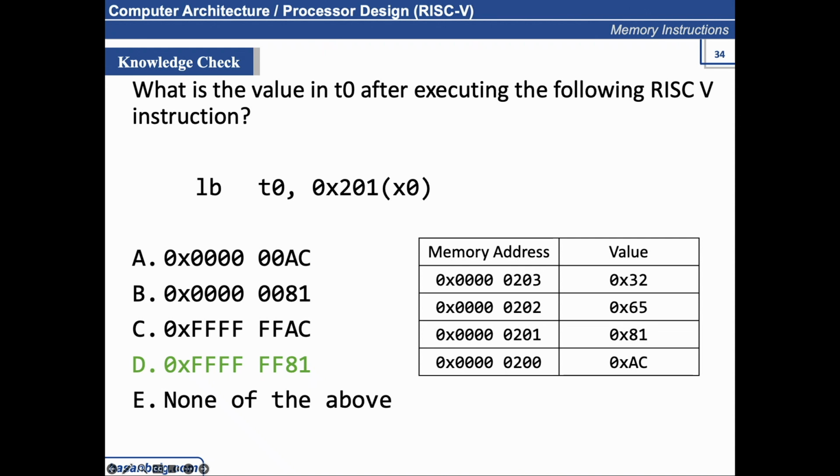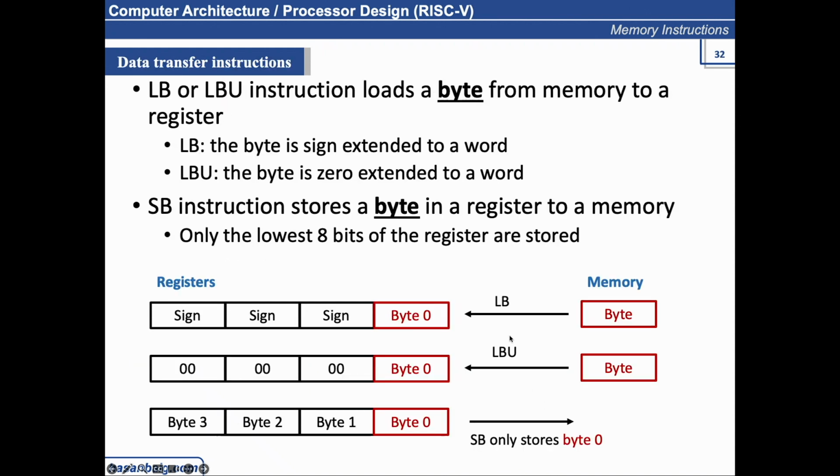So whatever the sign of this byte is, here it is 1, you have to replicate this 1 all the way to the 32nd bit, which means it will be all 1s. How do you represent four ones? As F. So this is the first byte, which is 8 bits, and this is another byte, FF, FF, and FF.